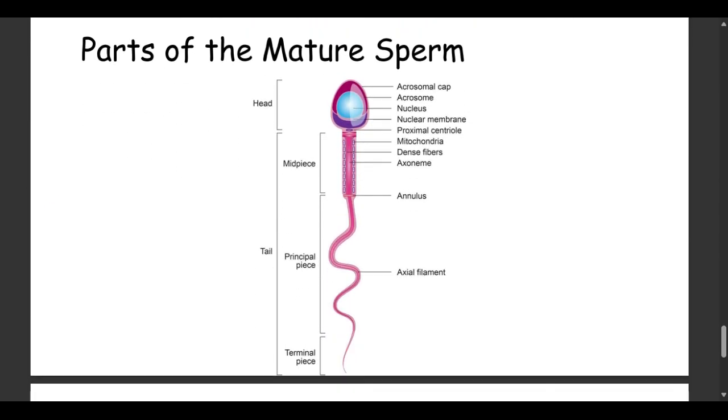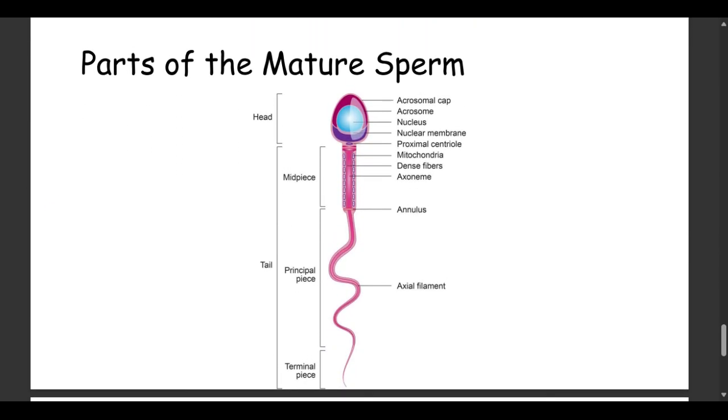So these are the parts of the mature sperm that you're going to see. A mature sperm has an acrosomal cap, a cap that surrounds the acrosome. The acrosome contains the digestive enzymes that help the sperm penetrate the oocyte. We have the nucleus that carries the genetic material, of course, and then the nuclear membrane enclosing the nucleus.